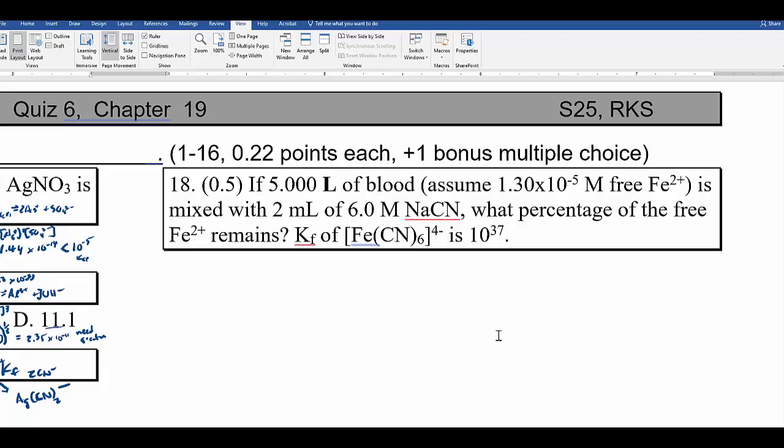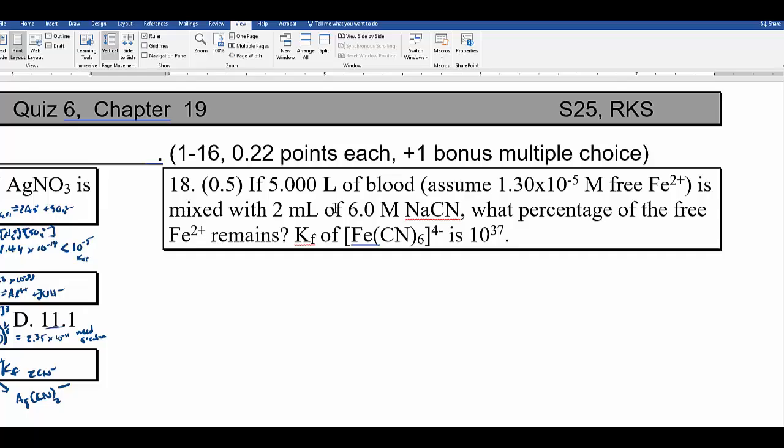All right. 18. If 5 liters of blood to 4 sig figs, we're going to assume 1.30 times 10 to the minus molar free iron 2. There's iron 2 in blood, and a lot of the iron in the blood is complexed in hemoglobin, and so this is the free concentration.